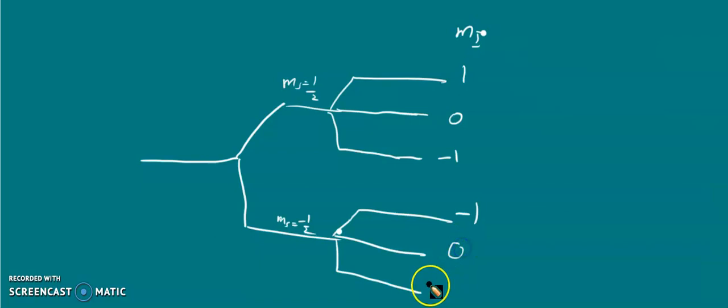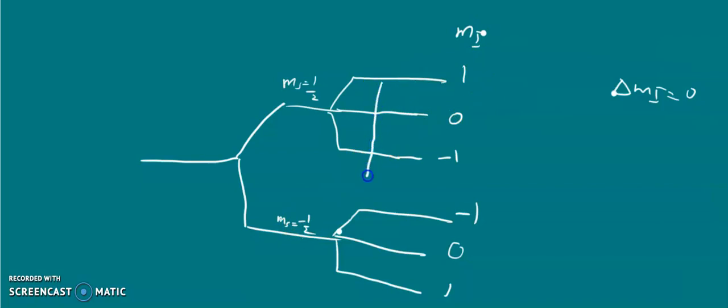So this is m_i minus 1, m_i 0 and m_i 1, and the transitions occur according to delta m_i equal to 0, and delta m_s is plus or minus 1, from half to minus half. So this is satisfied. So there is a transition between m_s half and m_s minus half when m_i does not change during the transition.